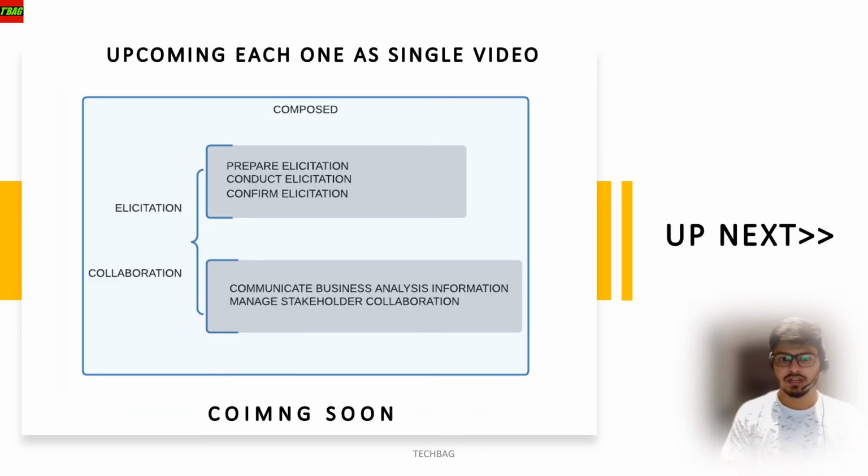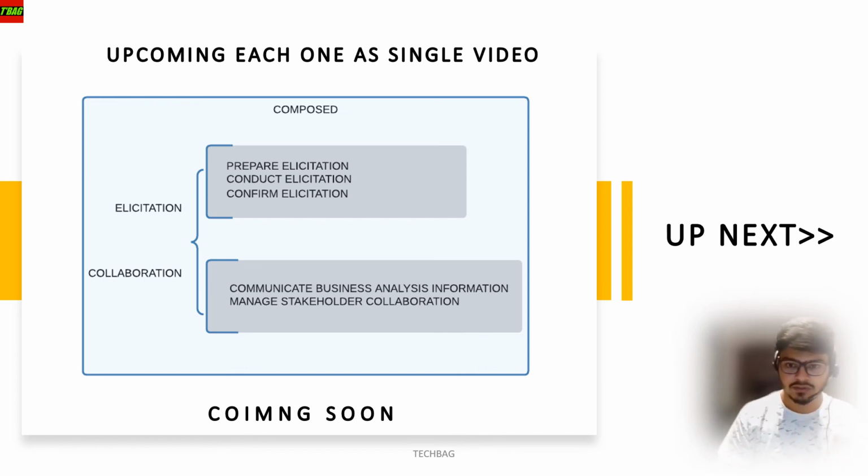I don't want to go into detail for each of those activities, such as how to prepare, how to conduct, and how to confirm elicitation. With respect to collaboration, we will cover how to communicate while doing an elicitation activity and how to manage a stakeholder. We are going to cover each of them as a single video, because each is very important. Now you have understood what elicitation is: bringing information from the stakeholder and deriving it into requirements and then design. But how to do it in real time, we're going to look at each in a single video.